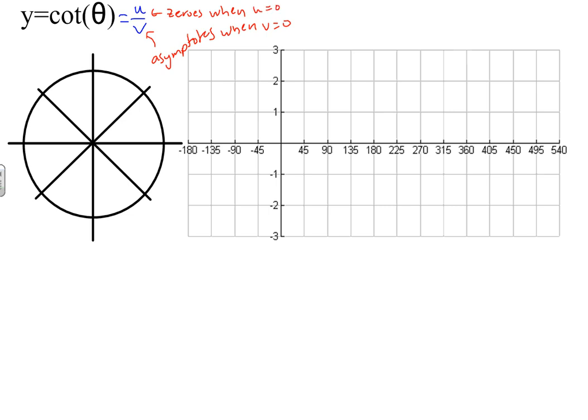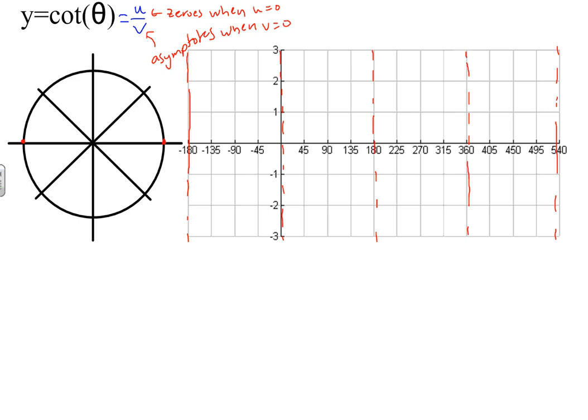So when is v equal to 0? V is the vertical component, so that happens at 0, 180, and then coterminal angles with those. So I know my vertical asymptotes are going to be here at 0, at 180, at 360, at 540, at negative 180.